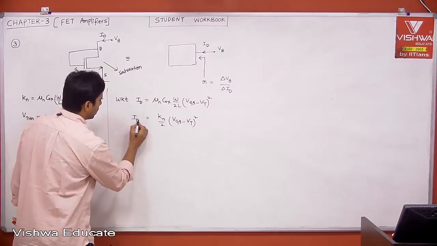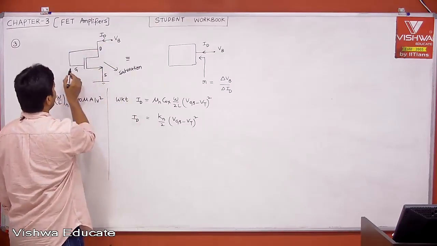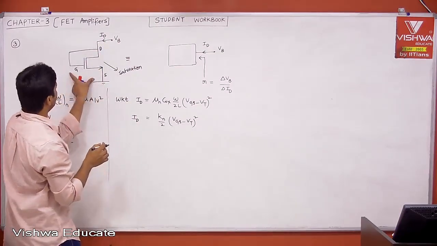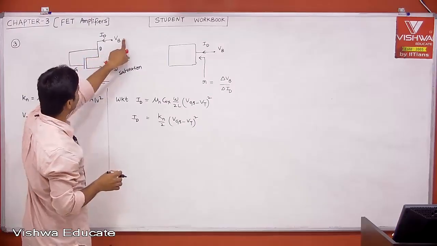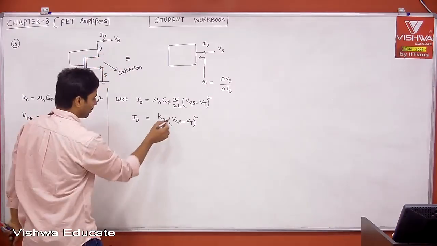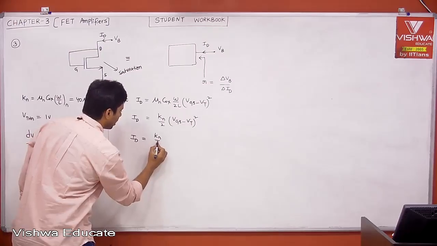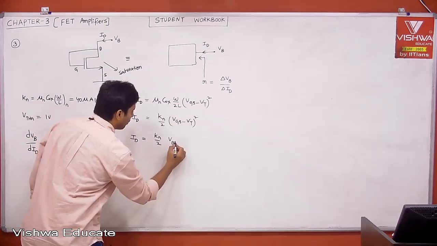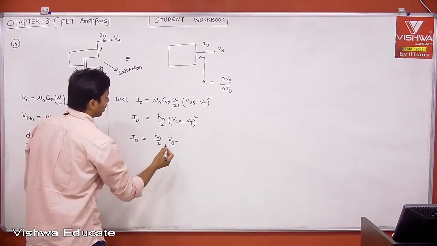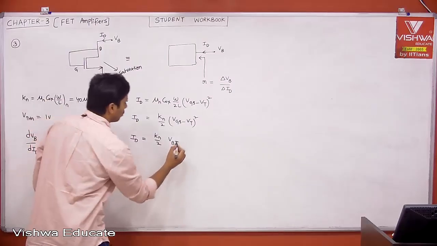Therefore, ID is known to you, but what is VGS? VGS is nothing but VDS. VDS is nothing but VB only. This is VB. Therefore, ID is equal to Kn by 2 (VB minus VT) whole square, where VT is given as 1 volt.